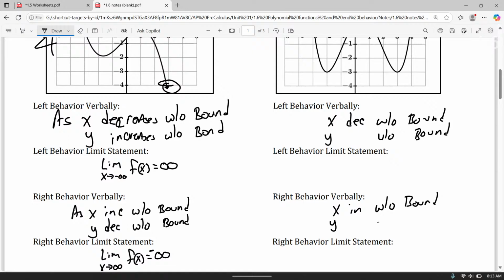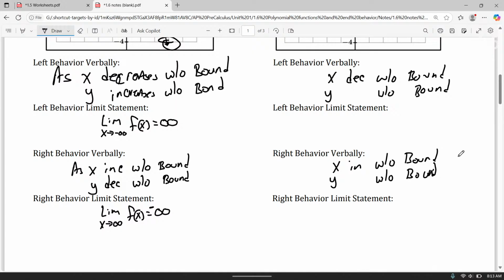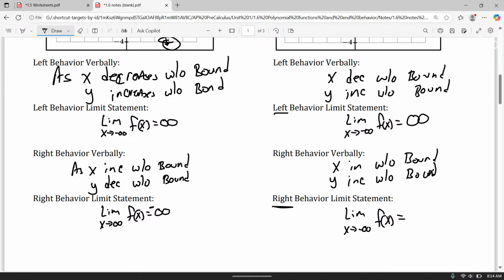Like I'm getting 50% of my work just without even knowing the answer. Oh, this was an up. Increases without bound. Limit. X goes to left, negative infinity. Limit. X goes to negative infinity. Right, and both of them were infinity.